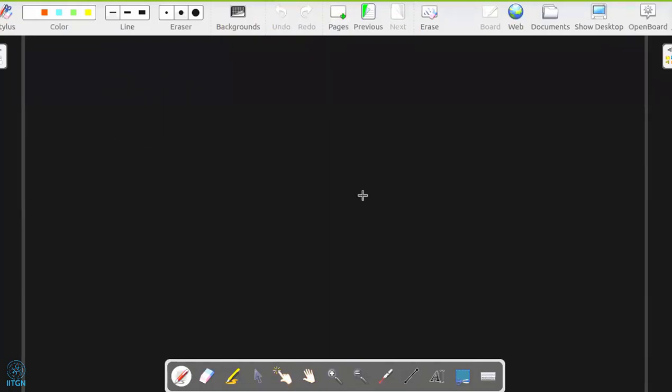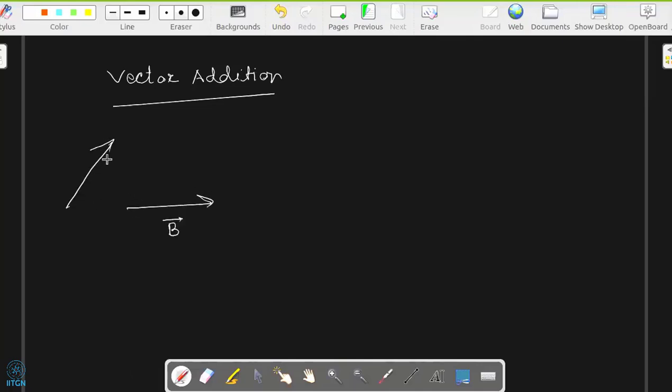Okay, then we have vector addition. These are all things you have already studied, and I am just explaining them briefly. If there are two vectors, vector B and vector A, and we have to find the addition of these two vectors, with scalars it is simple, 2 plus 3 is 5. But in the case of vectors we cannot simply do A plus B; it has its own way.